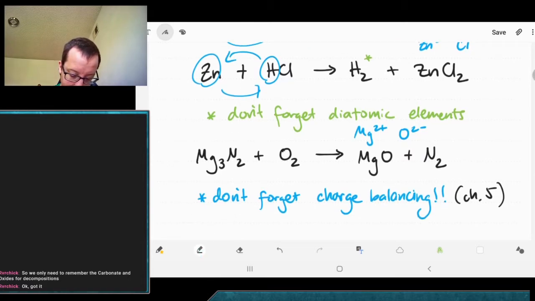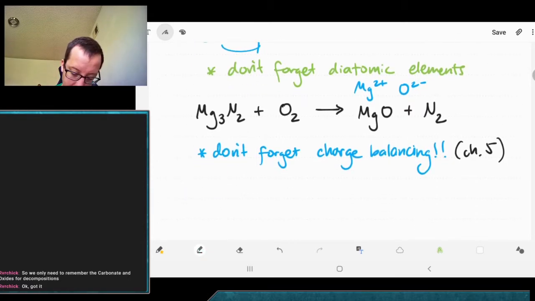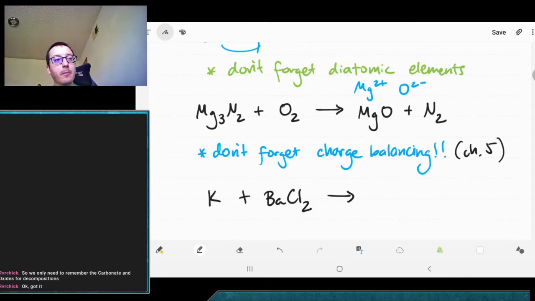All right, so let's do another one. How about we have, what would be a nice one? How about we have potassium plus barium chloride. We have to look at our element.